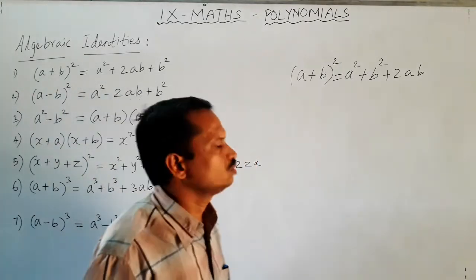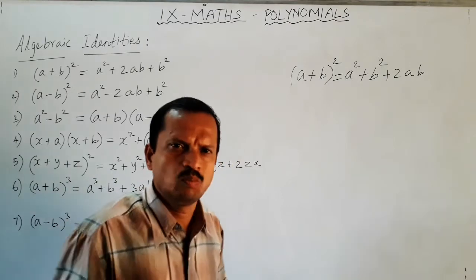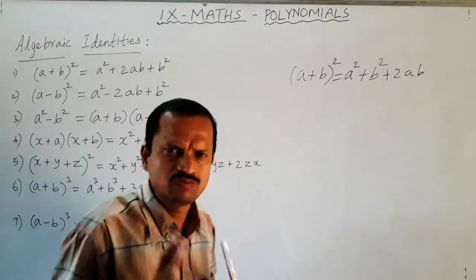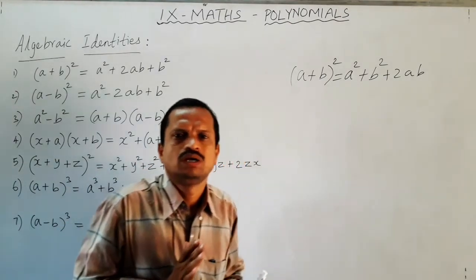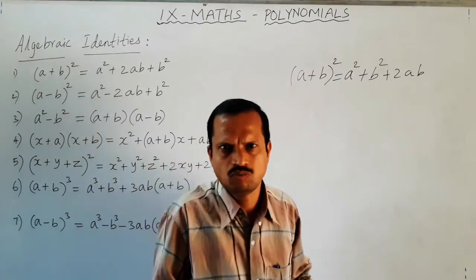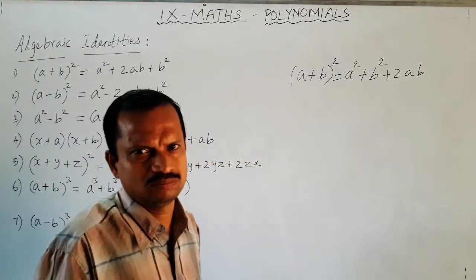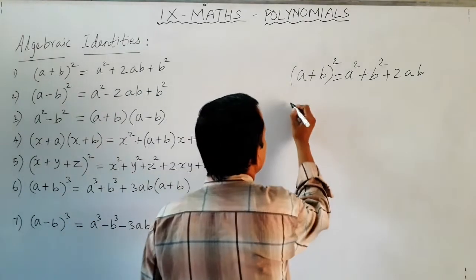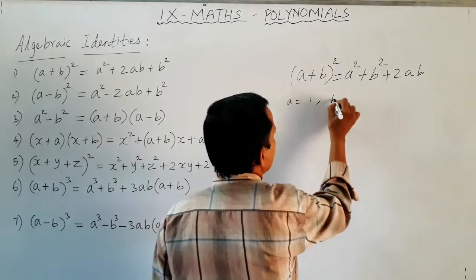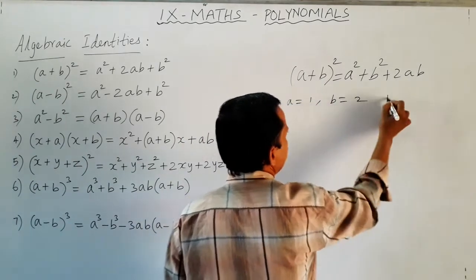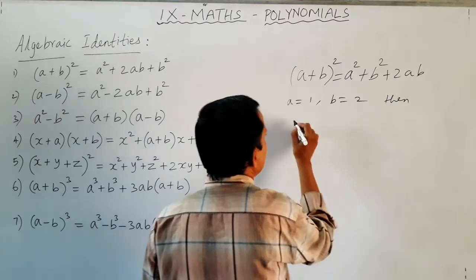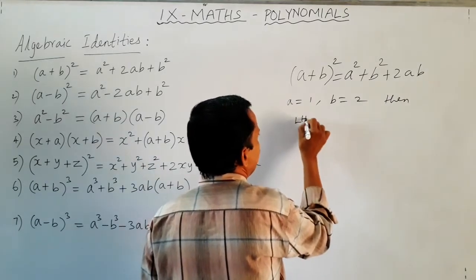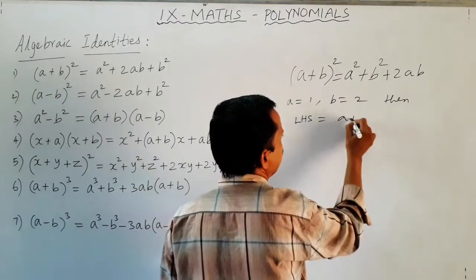That's all. So how are we saying that it is an identity? It means both sides are identical. If we substitute some values for A and B, both sides should match. Okay. For example, if you take A equal to 1, B equal to 2, then what happens? You see, on the left hand side, LHS, A plus B whole square is there.